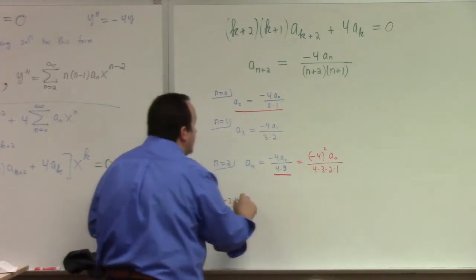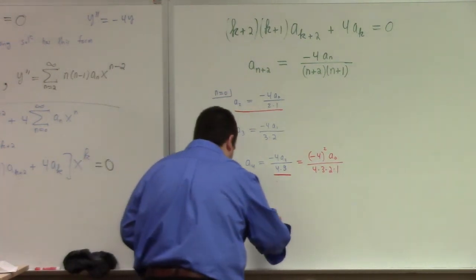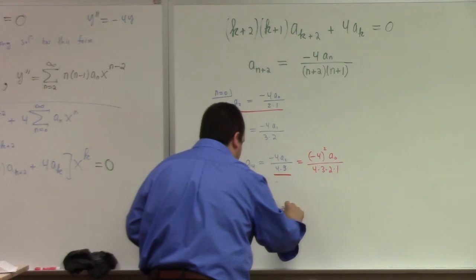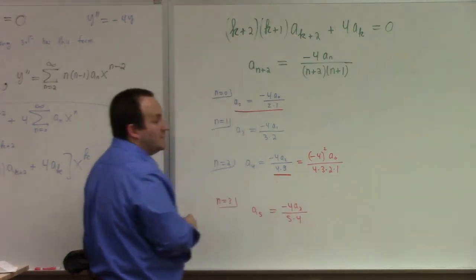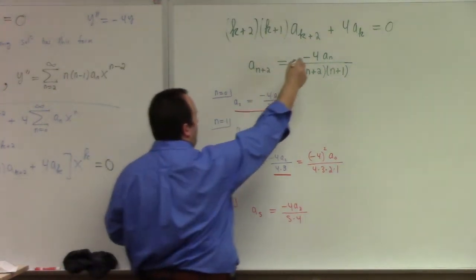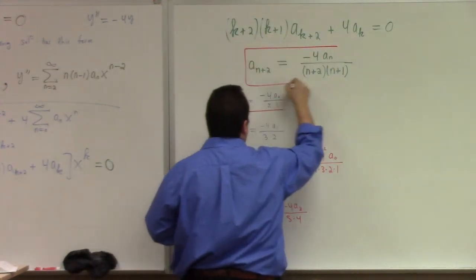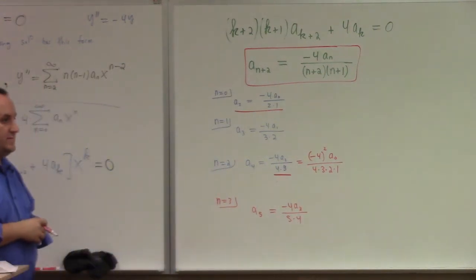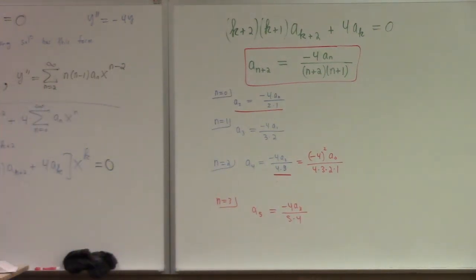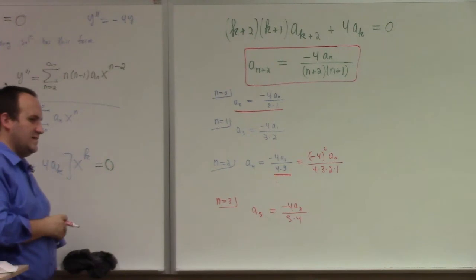We've got a sub 5 is minus 4 a sub 3 over 5 times 4. So I try to carefully generate this formula, and then I just have to study it until I understand the pattern. And for the examples that I think I've asked you, you can understand the pattern with not too much work, I think.